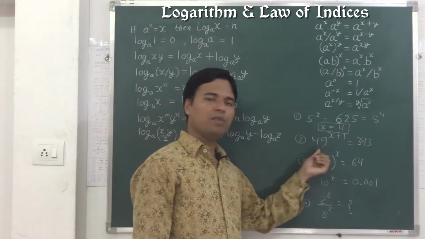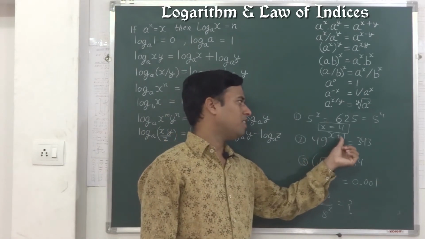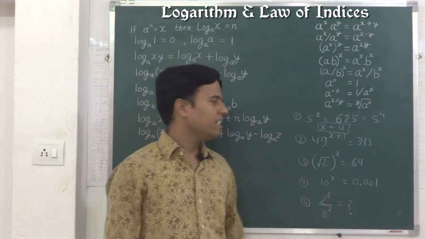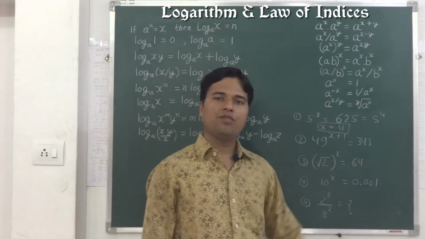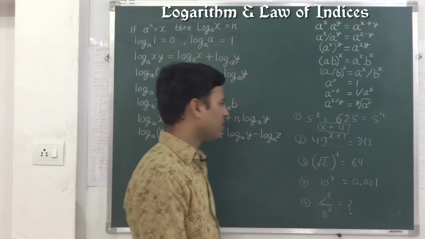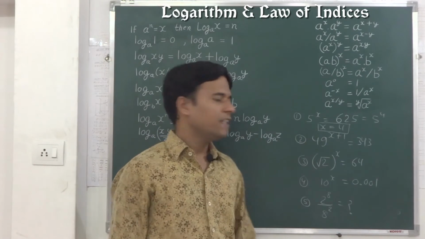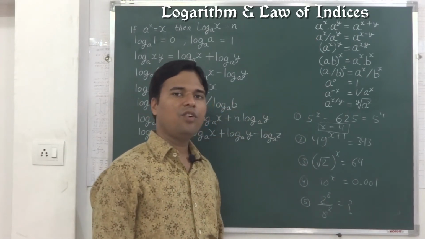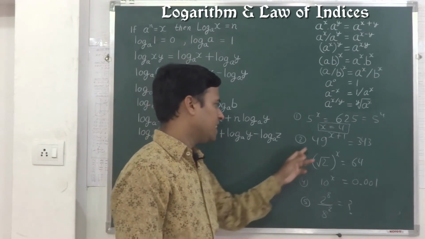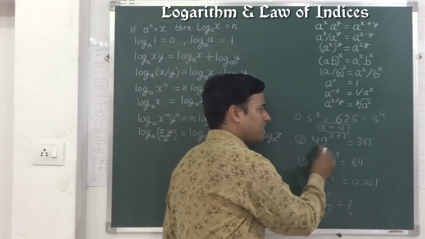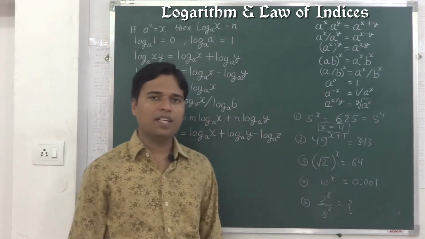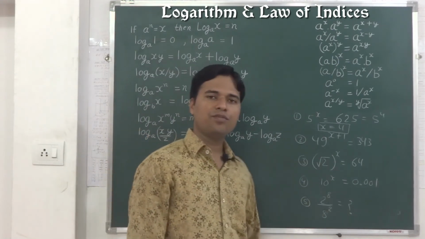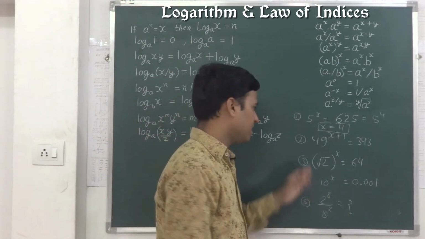In the second problem, 49 power x plus 1 is equal to 343. What will we do first? If we want to use the law of exponents, we must write both numbers in terms of the same base.